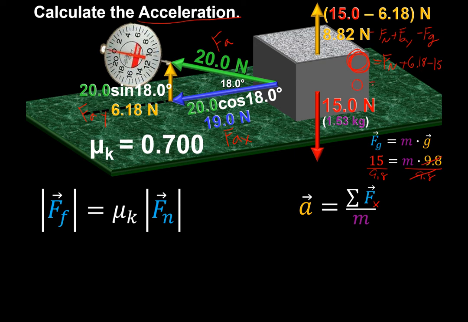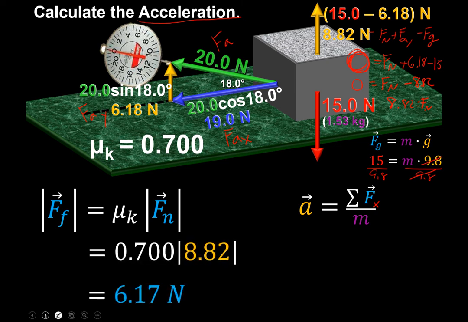So basically what we did, negative 8.82, we just brought it over to get 8.82 equals force of normal. So now that we know what force of normal is, we plug that here. We know what our coefficient of friction is. We just multiply those two together.